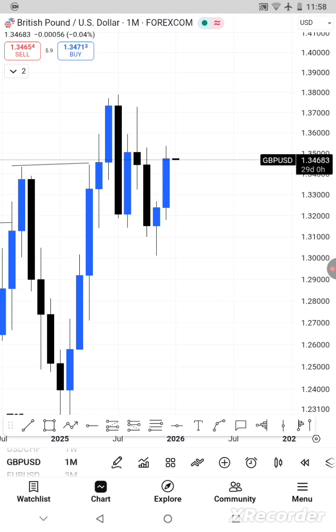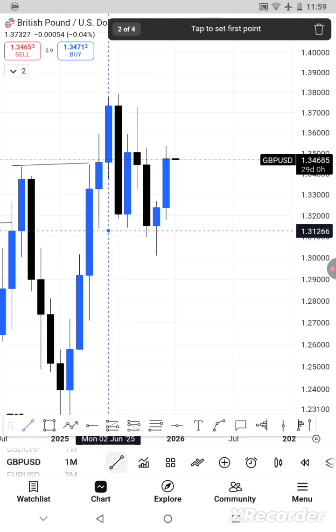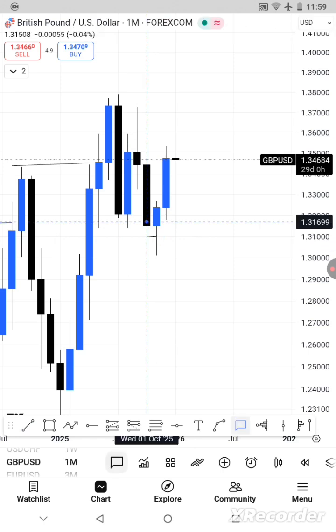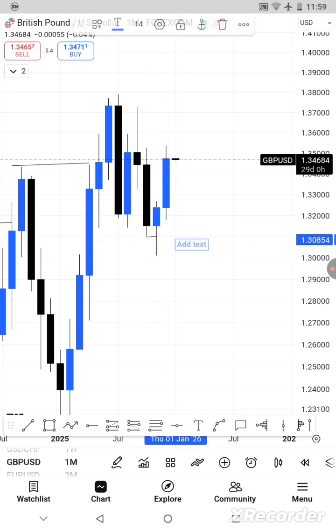We'll start from the monthly time frame. As you can see, the market has taken out this low on the monthly time frame. It has formed a bullish CRT.